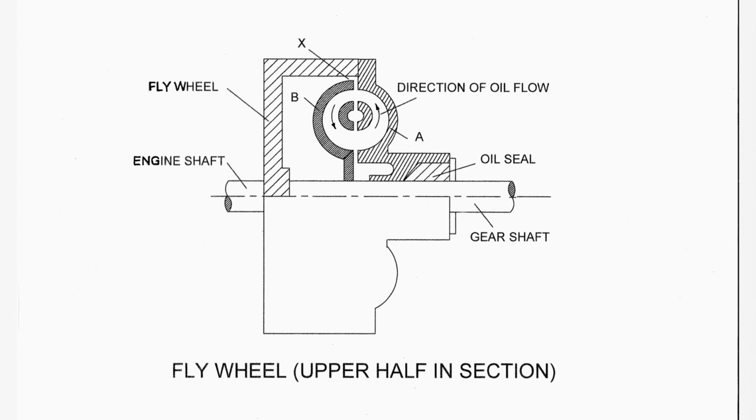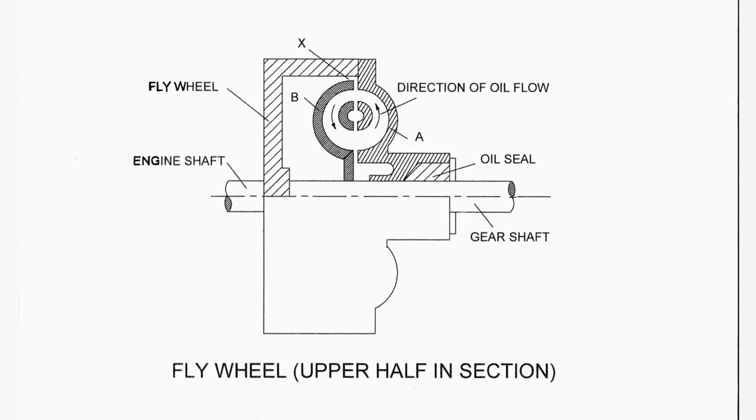Now the gap between the two rotors, which is about 1.5 millimeter, allows the fluid to escape through it. The fluid moving in counterclockwise direction moves upwards because of the centrifugal force.